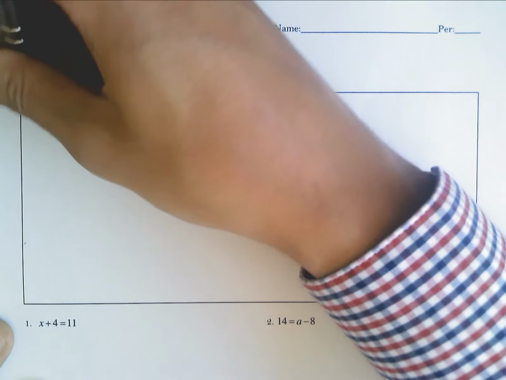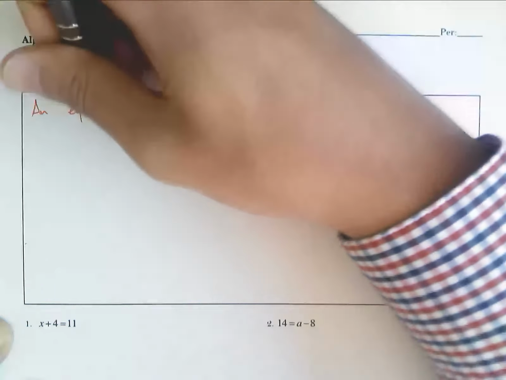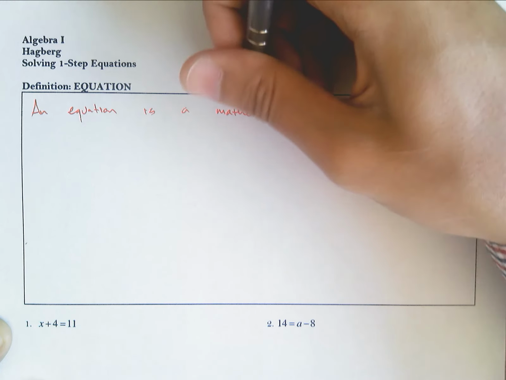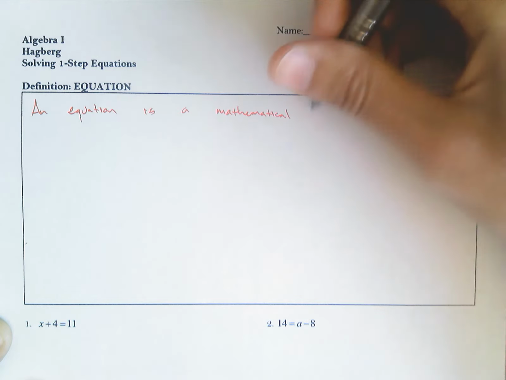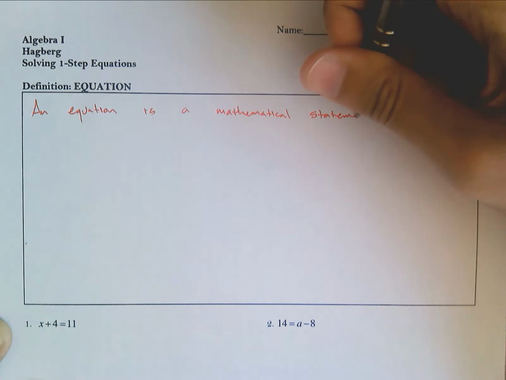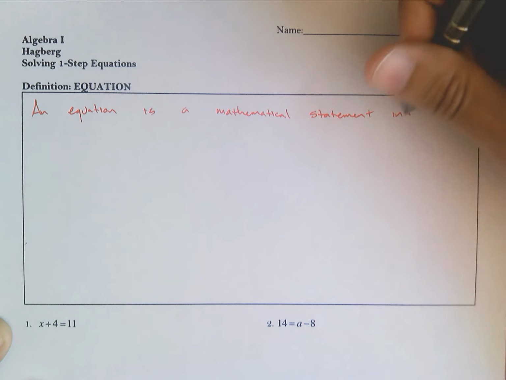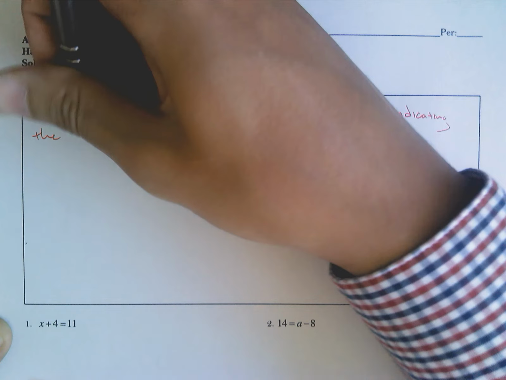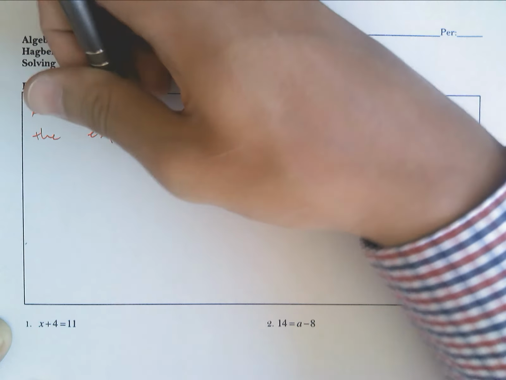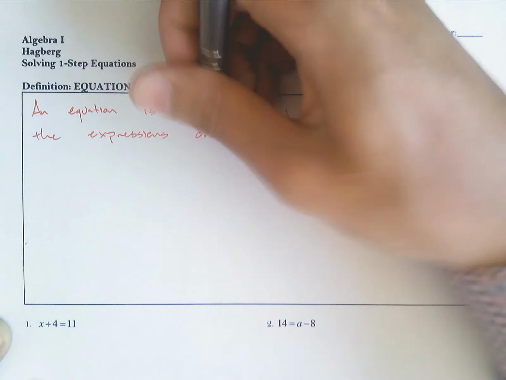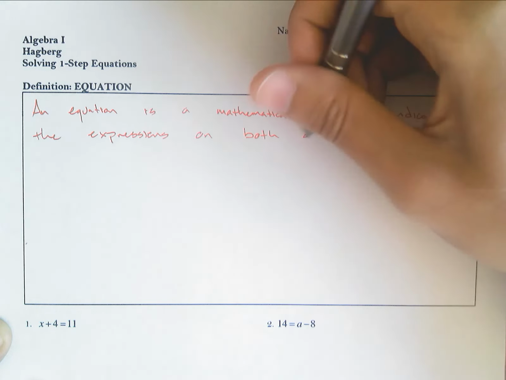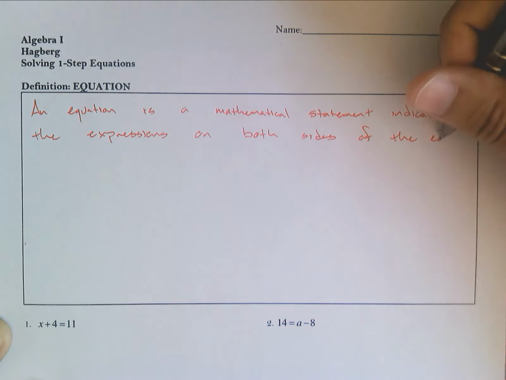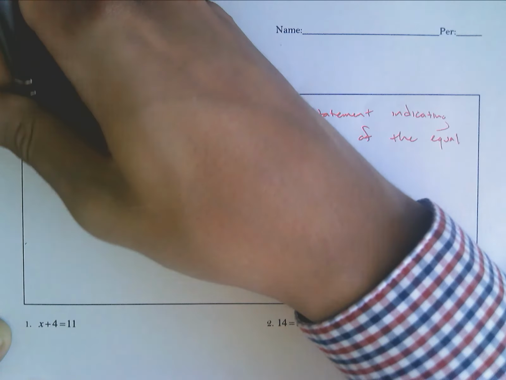An equation is a mathematical statement indicating the expressions on both sides of the equal sign have the same value.